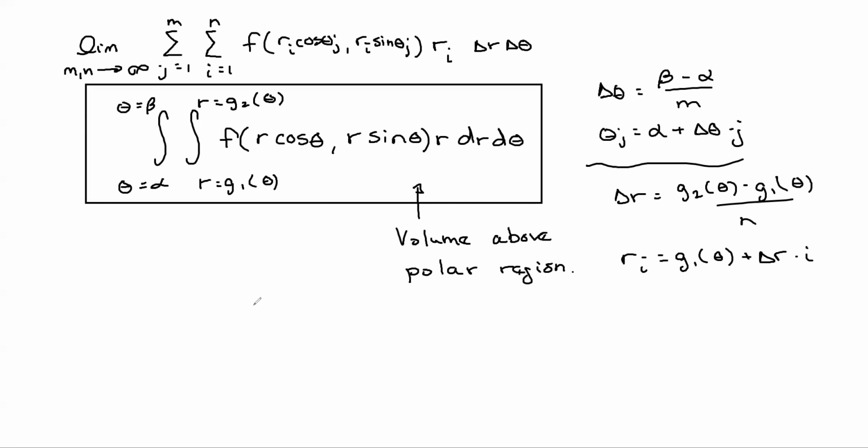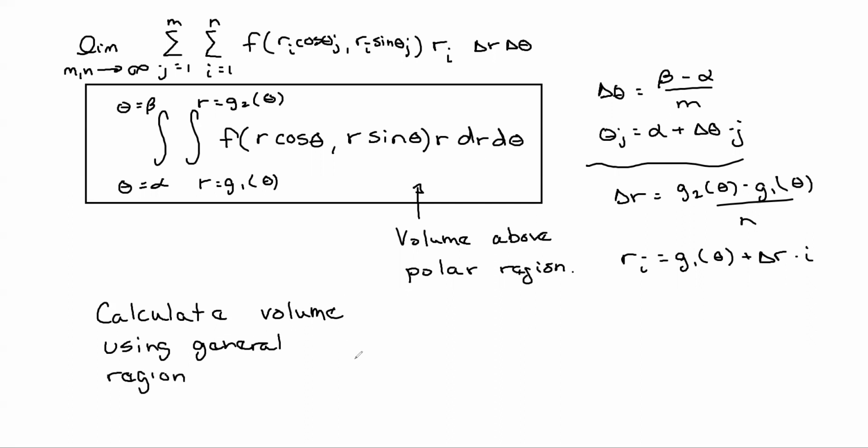What we're going to get is two formulas. Well, it's one formula in effect. But what we could do is calculate the volume using a general region. If you did that, you'd get the double integral of f of x y dA over D, or R, or whatever you want to call it.